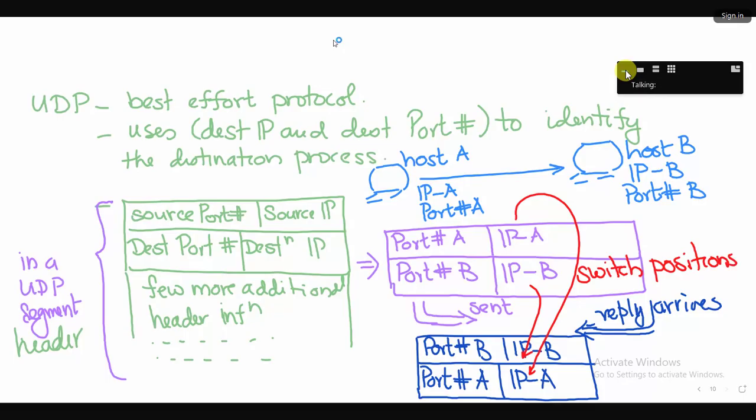That happens with the other one also, port numbers also. They switch their positions. So source and destination, they change and they are sent in a different order.